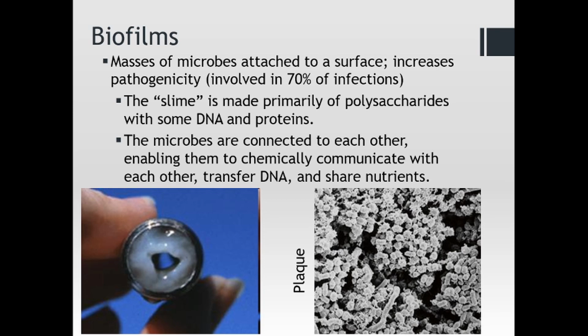So what is it? Well, you can see the picture of it there in that pipe. In the picture on the left, that's a water line, and a biofilm is formed within it. And what all that white goopy stuff is, within that are going to be billions and billions of bacteria, and probably a few other microbes as well, but definitely the vast majority are going to be bacteria.